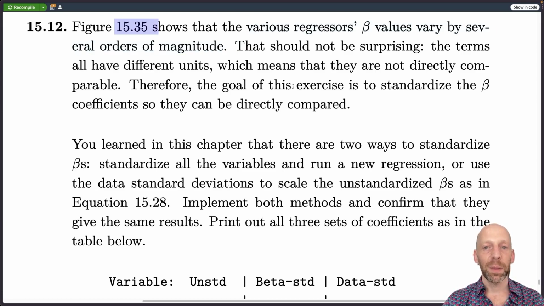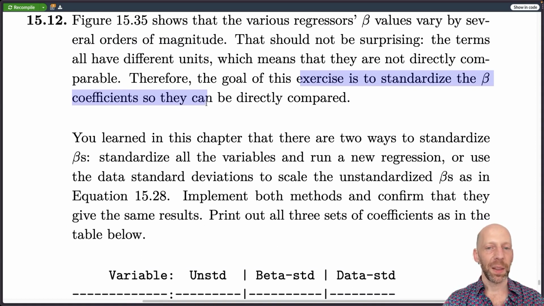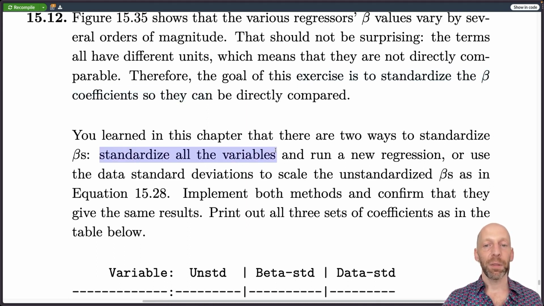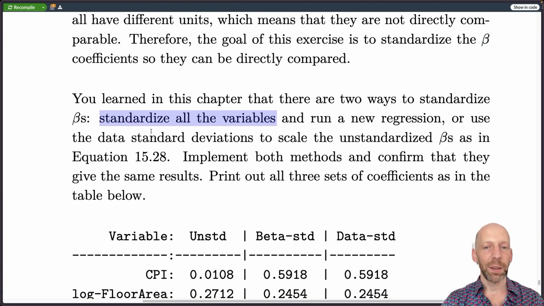So therefore, the goal of this exercise is to standardize the beta coefficients so they can be directly numerically compared. Now, you learned in this chapter that there are two ways to standardize beta coefficients. You can either standardize all the variables and then run a regression, or you can use the standard deviations from the variables to scale the unstandardized betas.